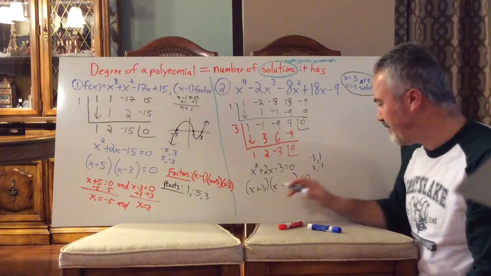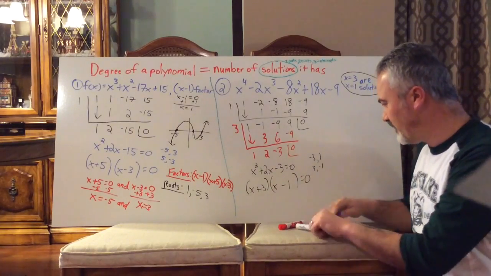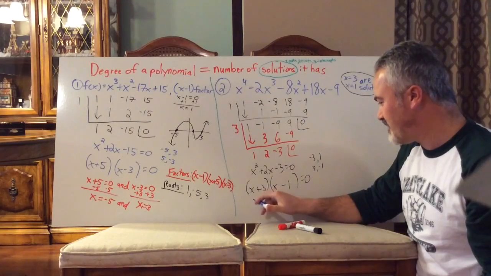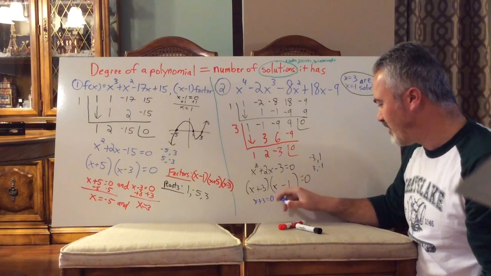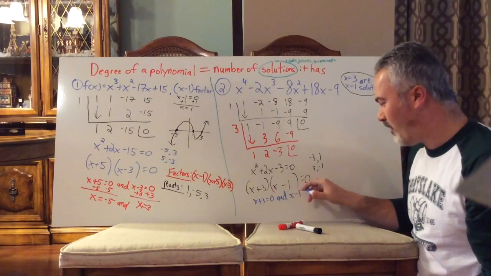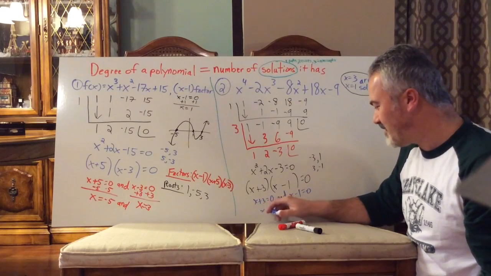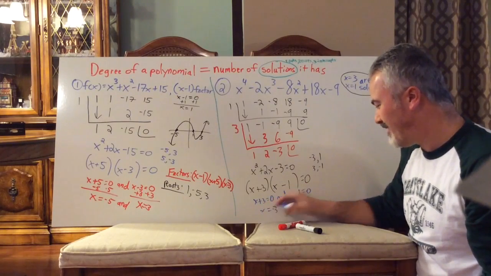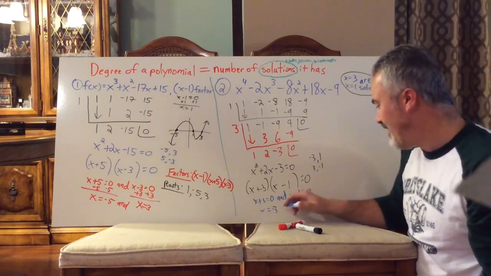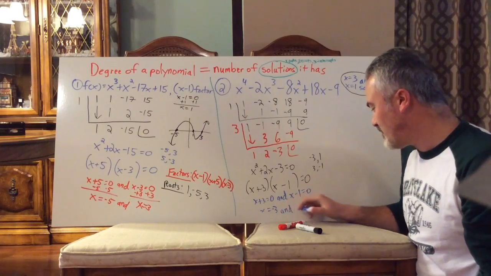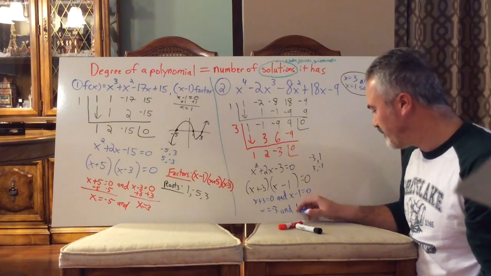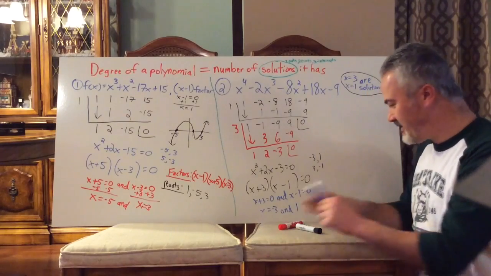That's good. That's really good. Okay, let's solve it. So x plus 3 equals 0, and x minus 1 equals 0. X equals negative 3, because we subtracted it. And x equals 1. Now, how do I write my answers again?